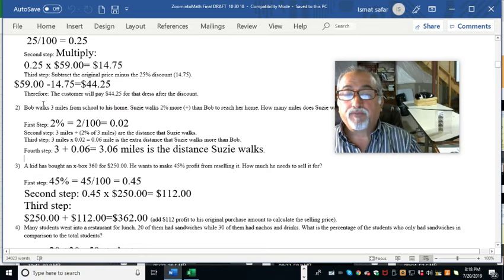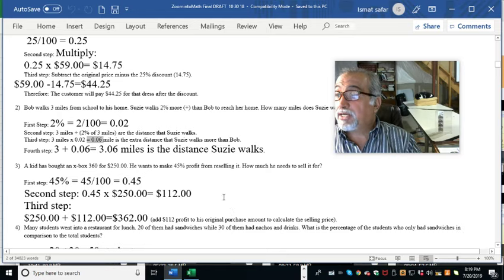Again, first step, we find 2%. 2% is 0.02. Second step, we multiply 0.02 times 3. 0.02 times 3 is 0.06. And that's how much more Susie walks.